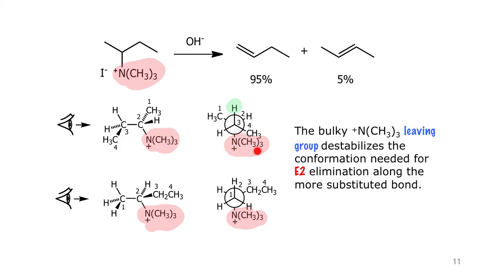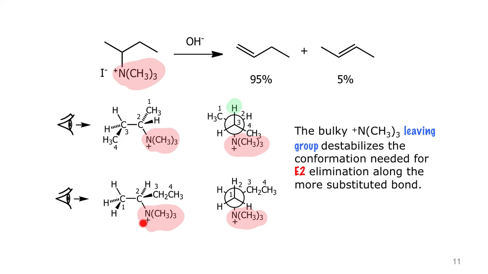And this is particularly bad given the size of that trimethylammonium ion. So this is going to be a relatively unstable conformation for the molecule to adopt. It's actually worse if this rotates and the methyl group goes over here, because then you have an additional gauche interaction. So either way, this is a very strained conformation for the molecule to adopt before it reacts.